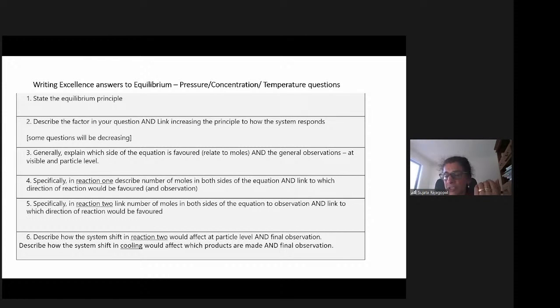Do not write a generalized answer. For the first two parts, it's okay; you are showing that you know your theory. Now, the application of theory is in 4, 5, and 6. So go back to your question, see what your products are, see what your reactants are, and please use them in your exam.